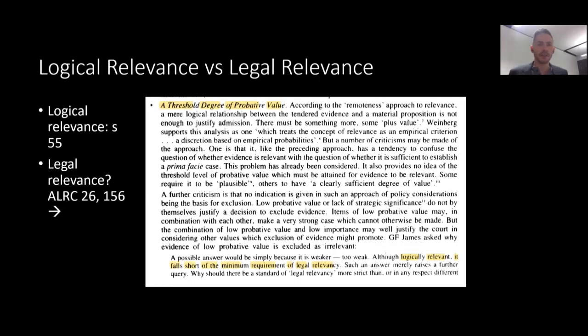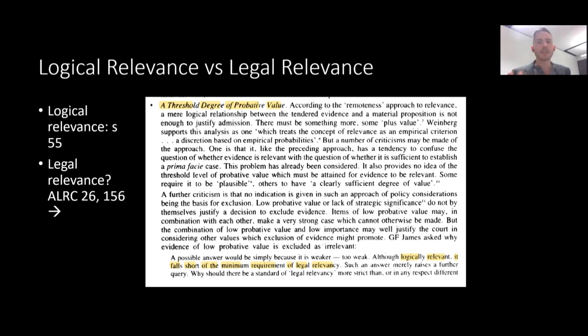But if you want a little discussion on legal relevance, you can see that in the Law Reform Commission report, which went through several different relevance rules that they were considering before landing on the one that they eventually chose, which is embodied in Section 55. You can read this. I've uploaded this slide.